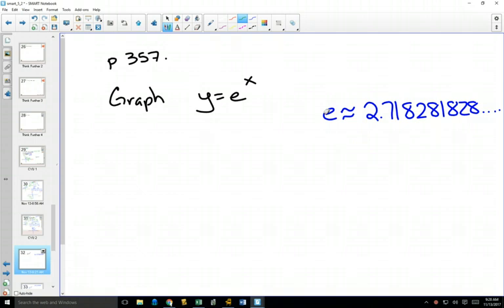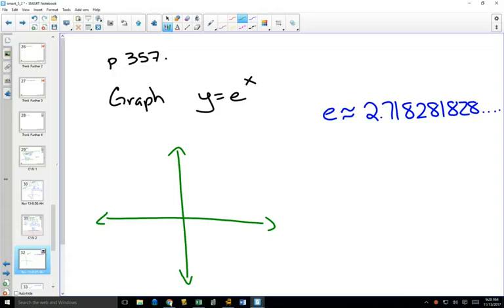But when we graph this, the graphing is actually straightforward and easy. What point do you know that it's going to go through? 0, 1. What's another point that it goes through? 1, e. I know that's going to feel weird to label, but that's correct.